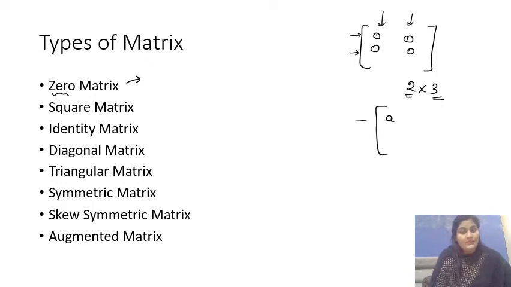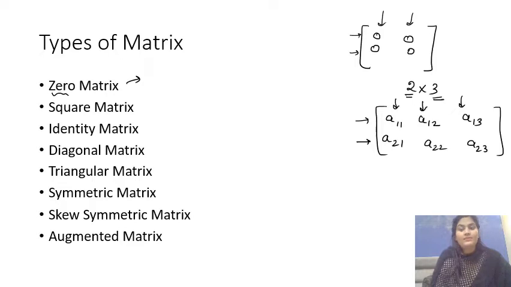If it has only 2 rows, the elements are arranged like A11, A12, A13, because there are 3 columns, and then A21, A22, A23. Only 2 rows and 3 columns, right? But this doesn't seem like a square. It is like a rectangle.